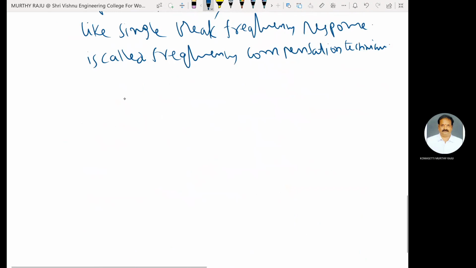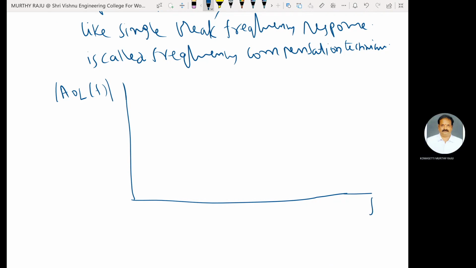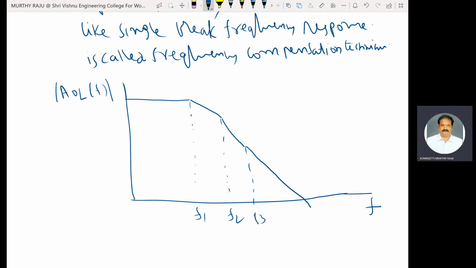This is again the open loop gain of an op amp as a function of frequency, that is magnitude versus frequency. This one is at F1, F2, F3, and this crosses the 0 dB axis.